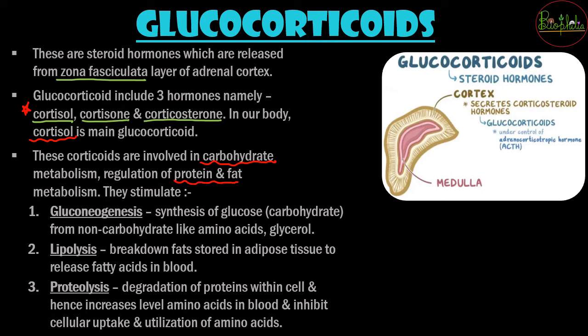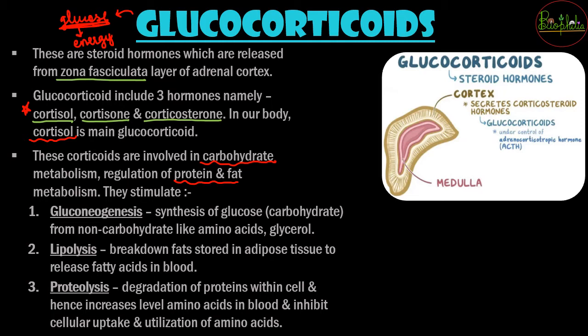So glucocorticoids, as the name says, gluco is generally related to glucose, and glucose is related to energy. So all of this is for making glucose, so that energy can be provided. The release of glucocorticoids will stimulate three processes.